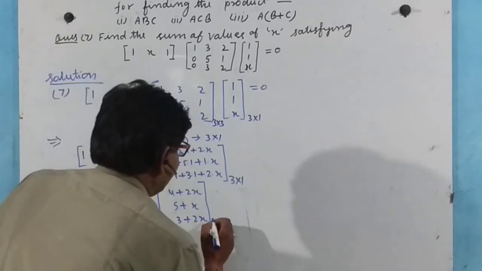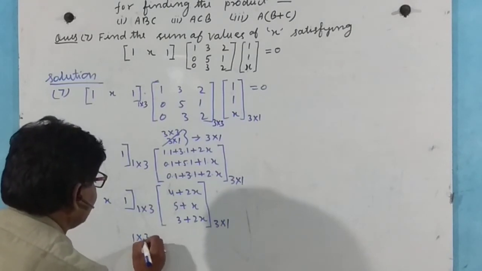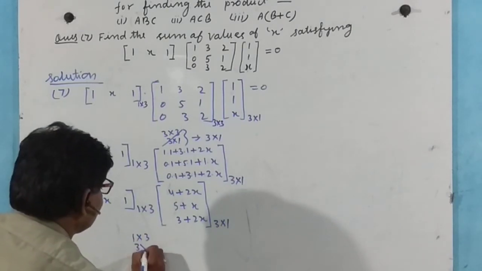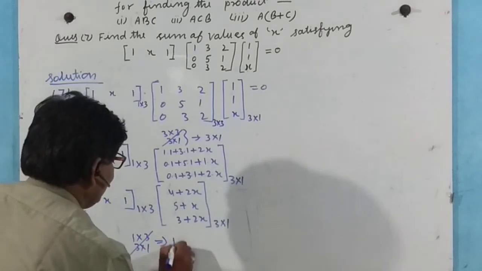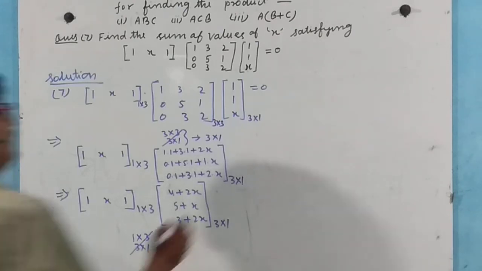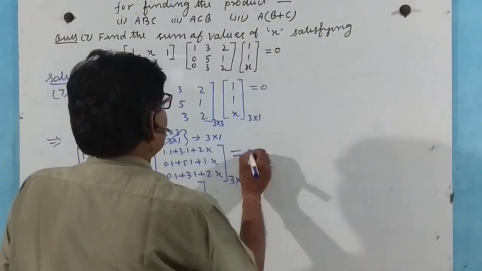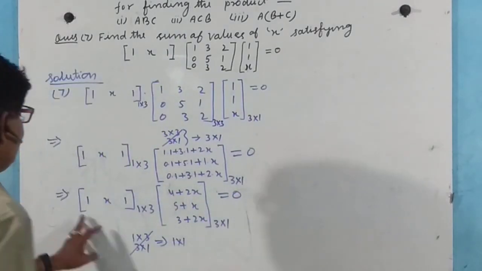Now the order of this is 3 cross 1, so 1 cross 3 and 3 cross 1, these are the same. We get a 1 cross 1 matrix here, which is equal to 0 as given, so multiply this.